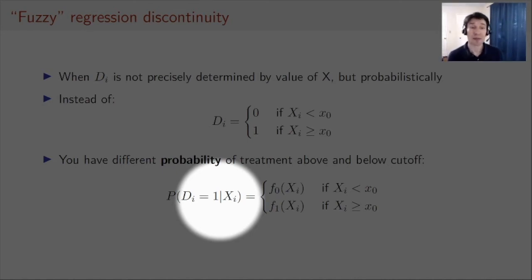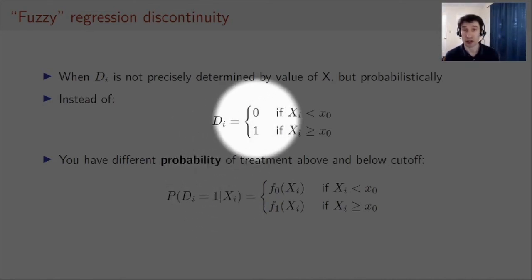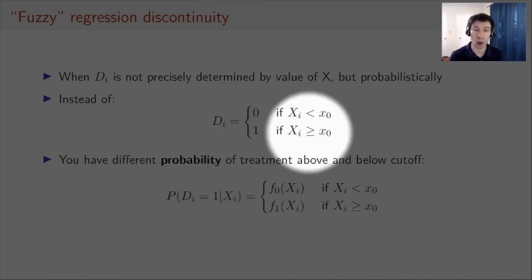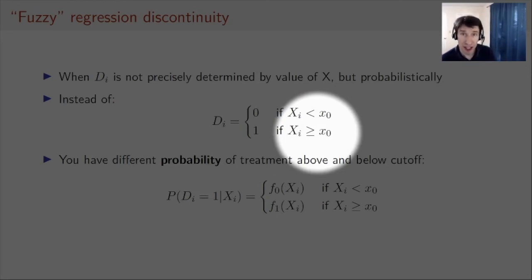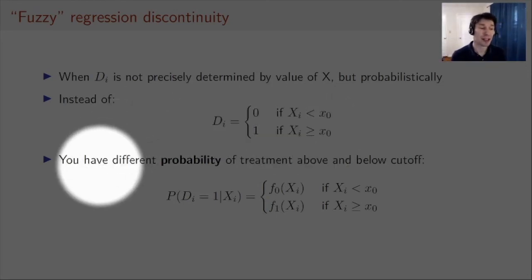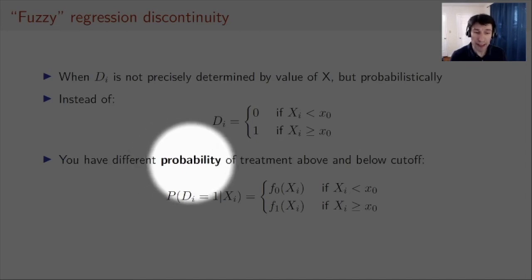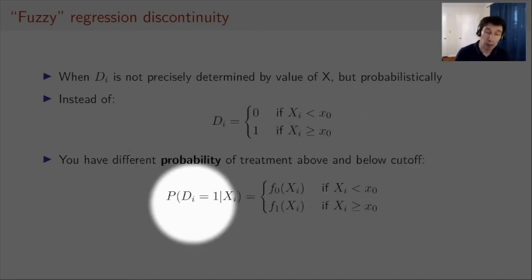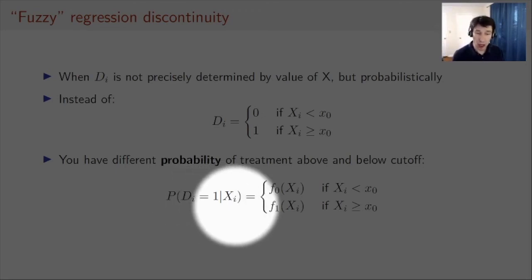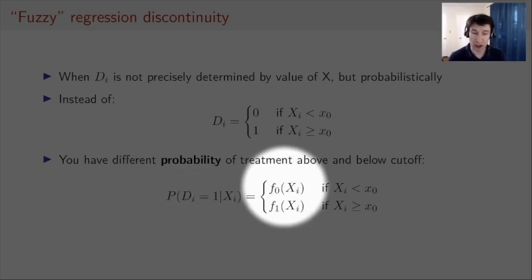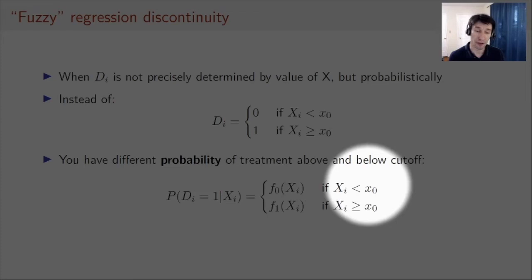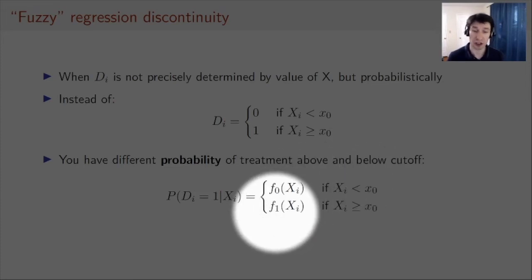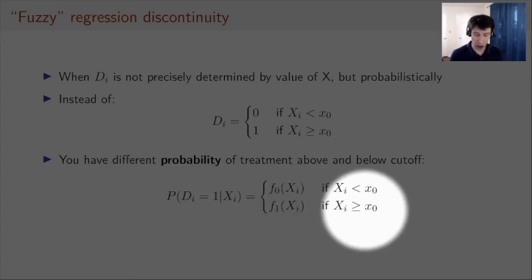So in this case, instead of having D equal to 0 when x is below this value and 1 when x is above that value, what you have is different probabilities of being treated above and below the cutoff. So let's say the probability of D being equal to 1 is a certain function of x below the cutoff value and a different function of x above the cutoff value.